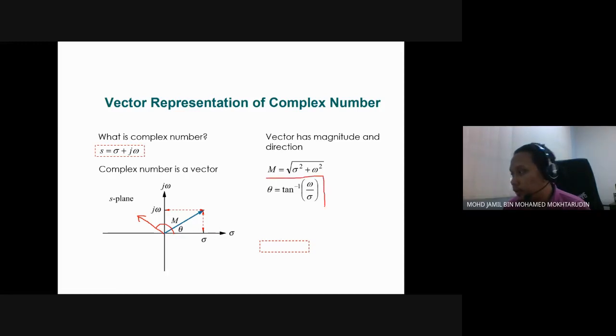This formula only applies for a complex number that lies in this section of the s-plane. For other sections, you need to modify the formula, for example by adding 180 minus theta. You have to measure this yourself. Maybe you don't remember, but later we will look at an example.